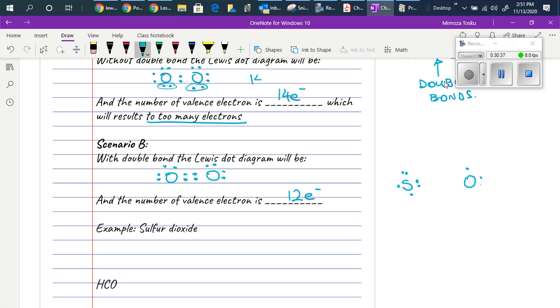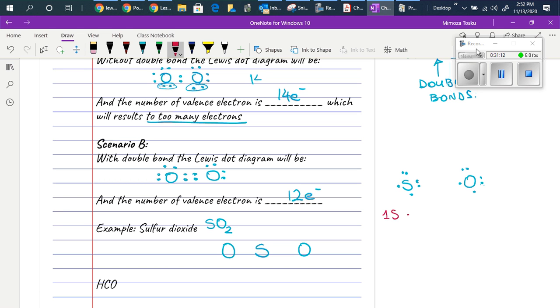Oxygen as well has 6 electrons, so the bonding capacity for each of them is 2. We cannot define which one is the central atom. However, since we have 1 sulfur and 2 oxygen, because the formula is SO2, sulfur will be at the center, with 1 oxygen on one side and 1 oxygen on the other side.